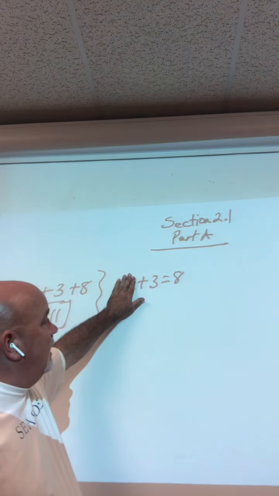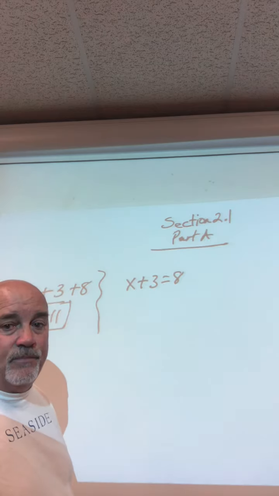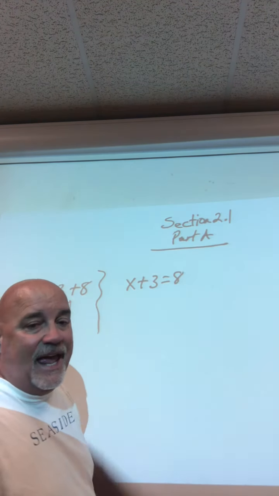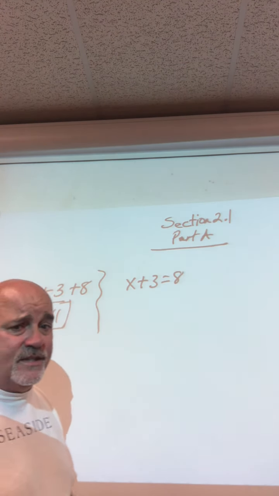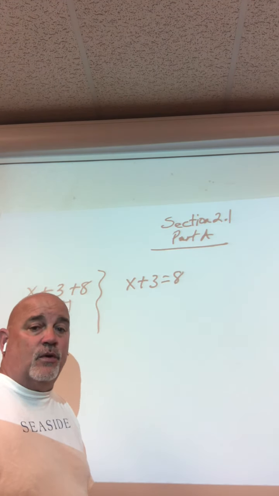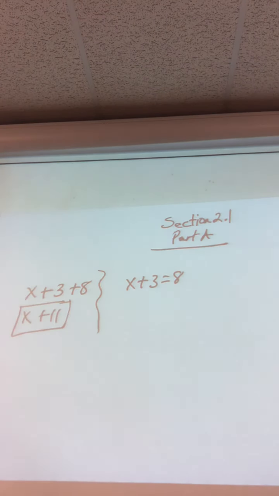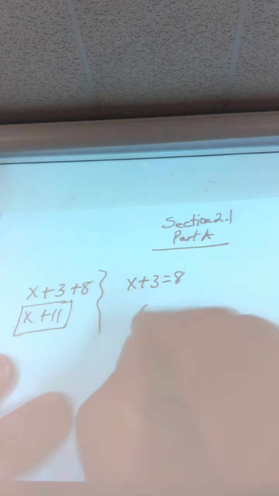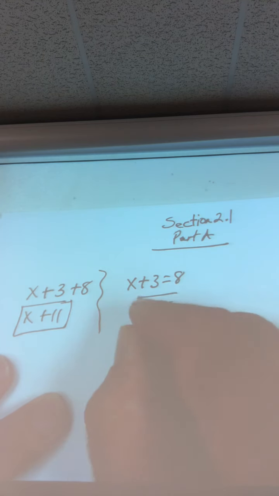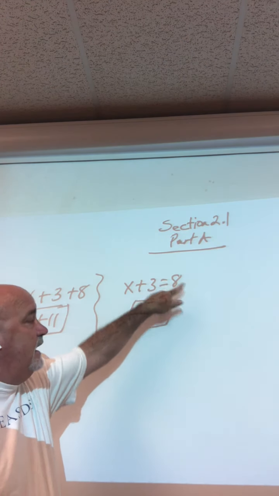But look at this one. This says I'm thinking of a number, I'm going to add 3 to that number. And when I do, I get 8. What's that number? Well, what plus 3 would give you 8? Of course, that means the answer here would have to be 5. So if I let x be 5, that is the solution to that problem, because 5 plus 3 is 8.